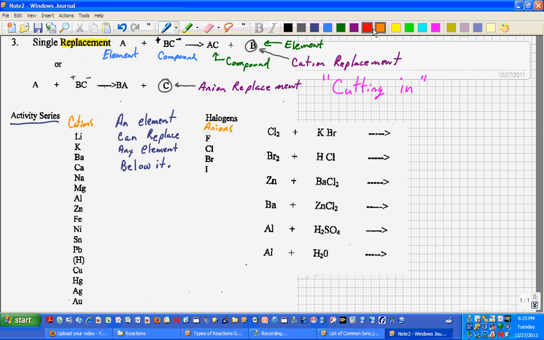There are a couple of things that occur in the cation list. From lithium down to magnesium, these can replace hydrogen in both acids and water.